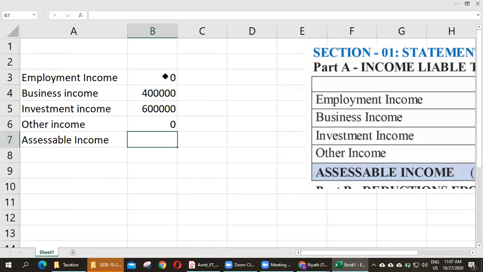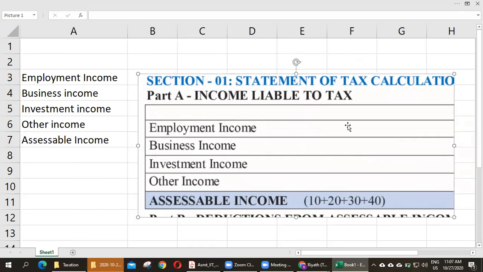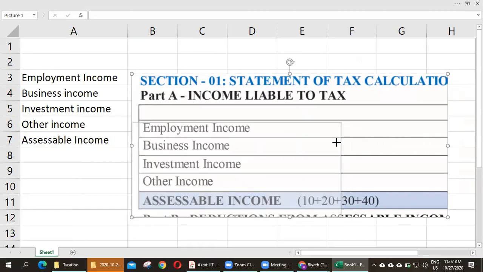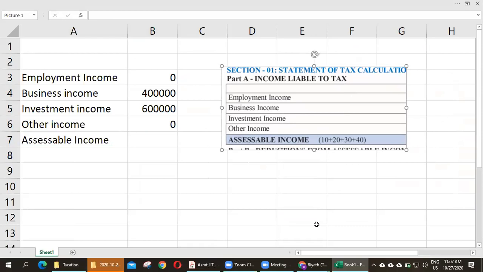Assessable income equals how much? Yes, 1 million.